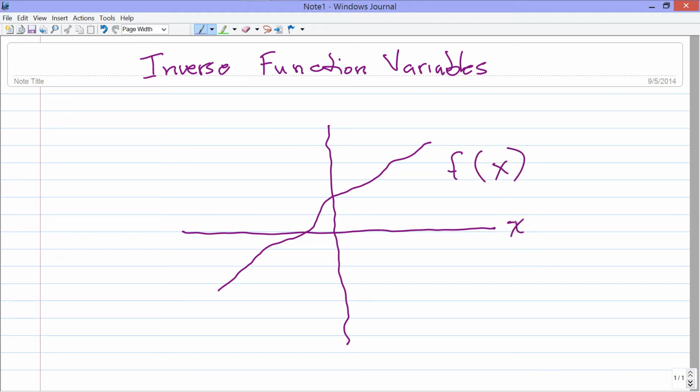Here's the x-axis. The independent variable goes horizontally along the x-axis, and y here is the dependent variable along the vertical axis. So we can say here now that y equals f of x. The value of y at any particular point depends on the value of x.